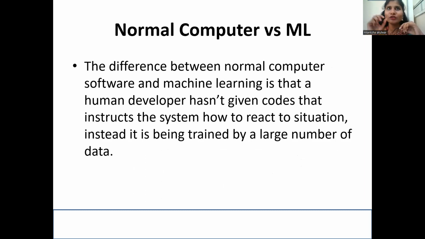For performing a particular action, we need not give a particular code each and every time. It will produce output on its own once the training session is completed. We do not have to write separate code for every action. So that is the major difference between normal computers and machine learning.